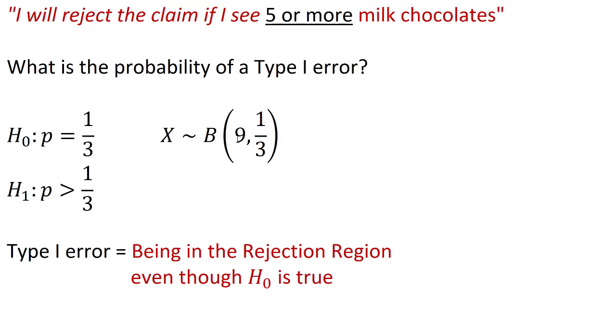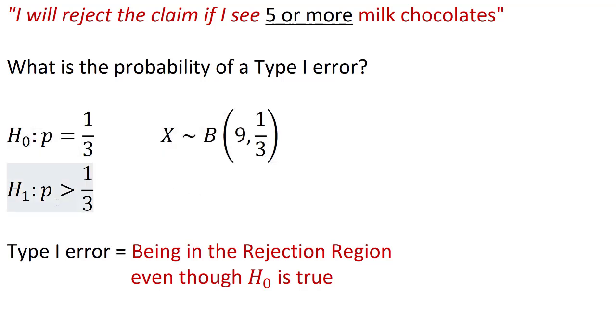I know I'm taking a sample of size 9, and there's a 1/3 chance that each sweet is a milk, because that's the null hypothesis. So this is part of the null hypothesis, that is the null hypothesis together.